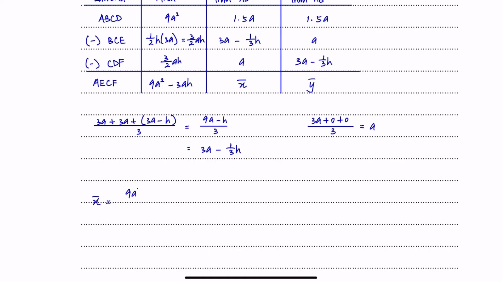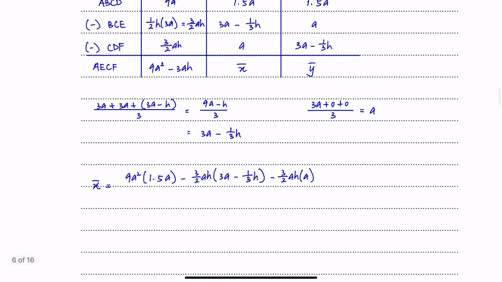So we have 9a squared times 1.5a minus 3 over 2ah times 3a minus 1/3 h minus 3 over 2ah times a. So this whole thing divided by 9a squared minus 3ah.